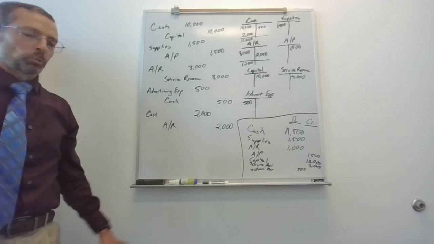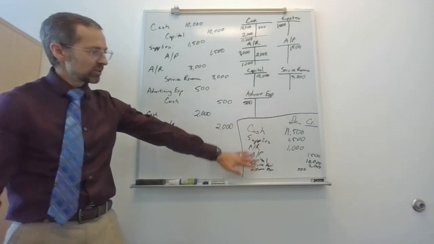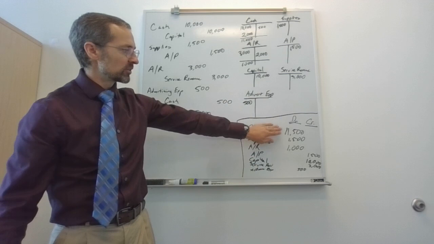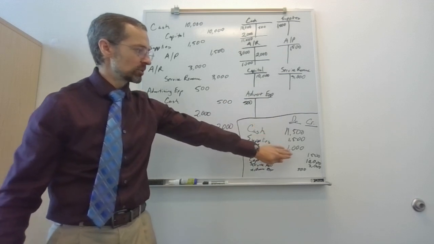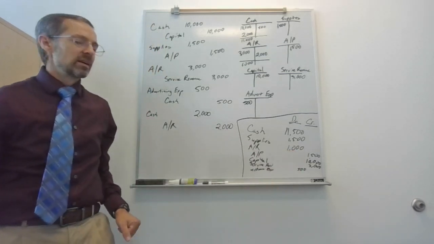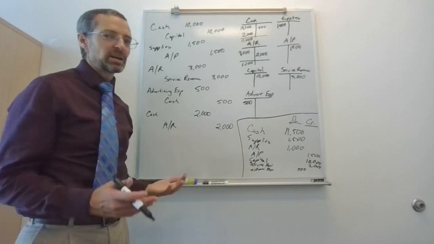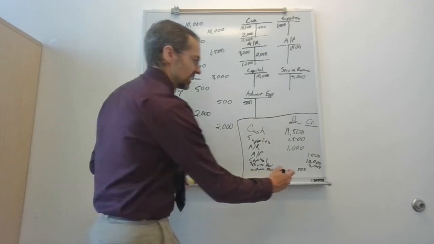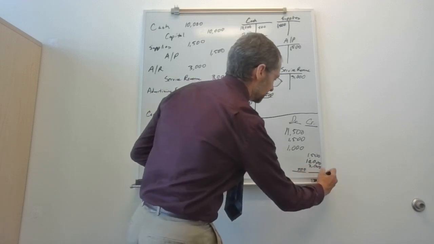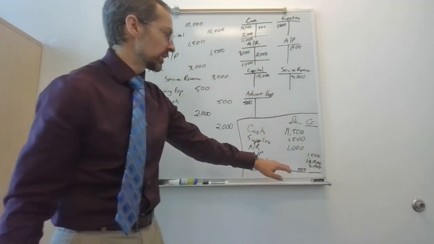All right. So the last thing, I listed out all of my accounts. I put whether they have an overall debit balance or an overall credit balance. And just like in everything else in accounting, debits have to equal credits. So I am going to add this up, my debit side and my credit side.